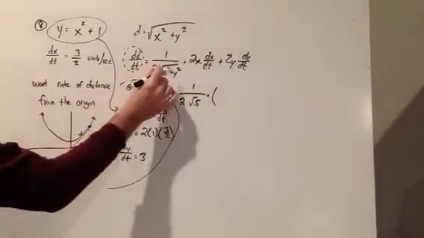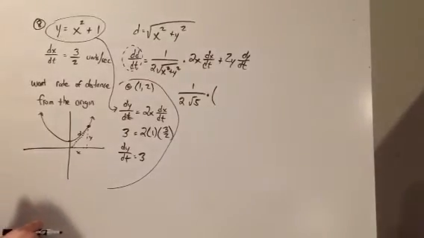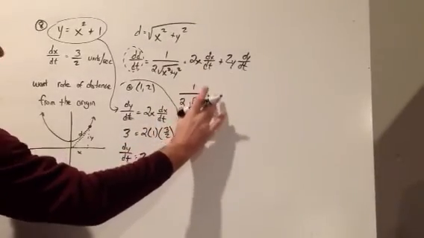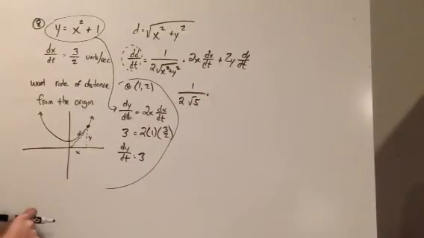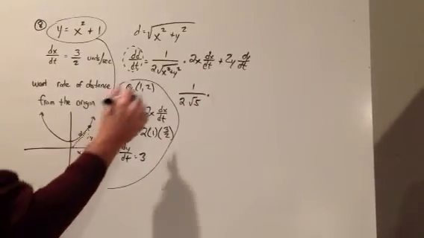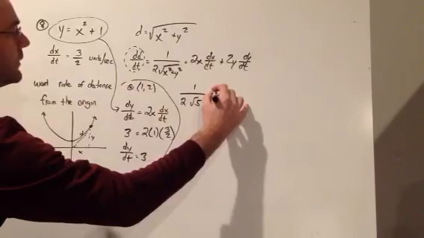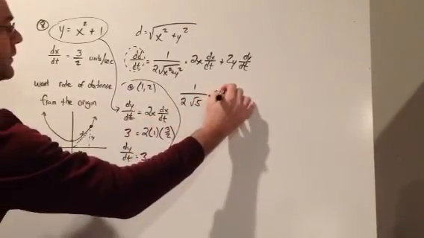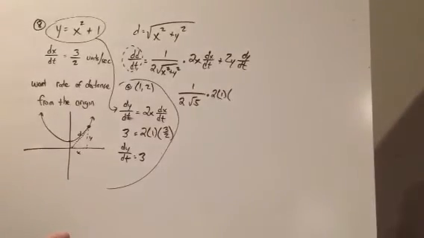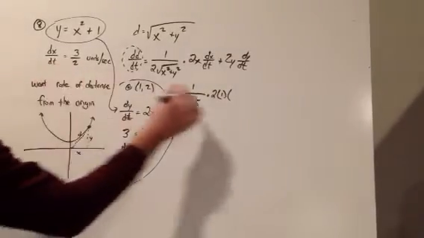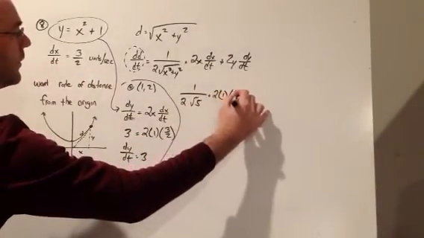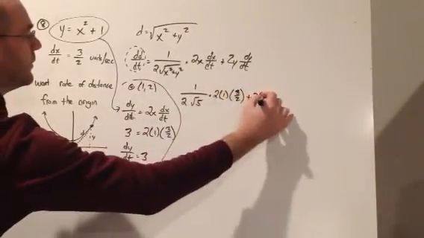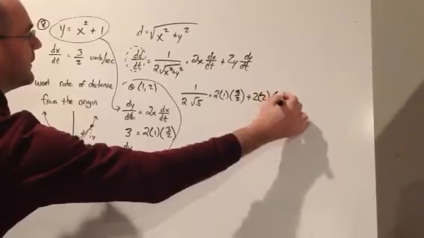Times 2x, my x is 1, dx/dt is 3/2, plus 2, y is 2, dy/dt we found was 3.